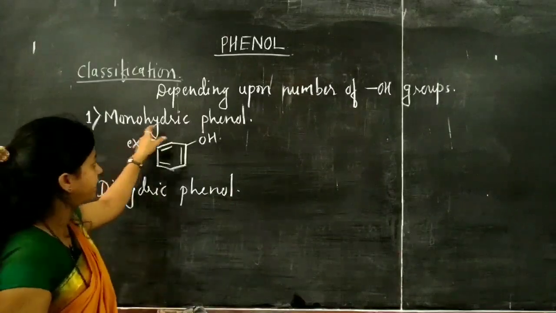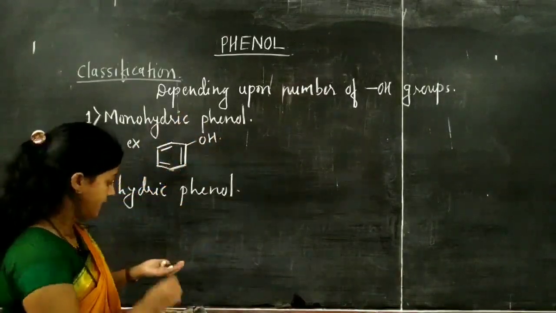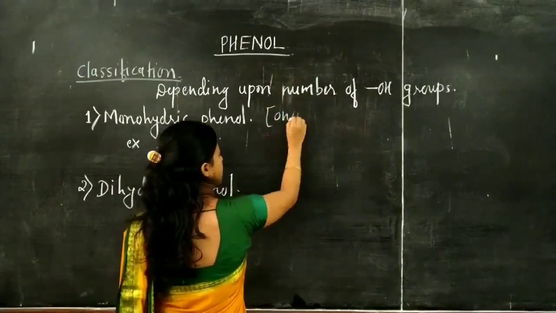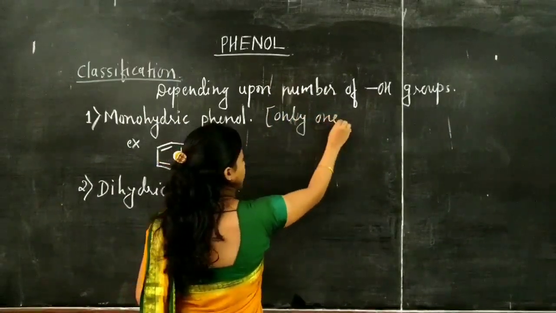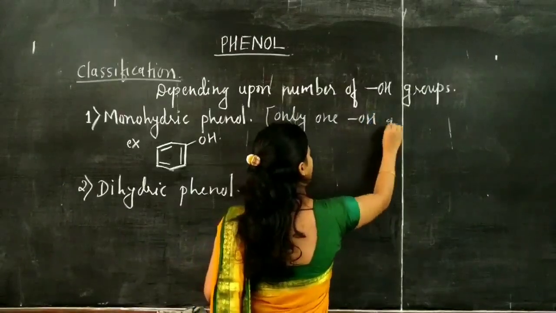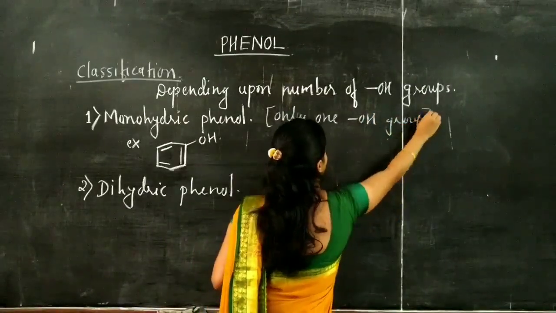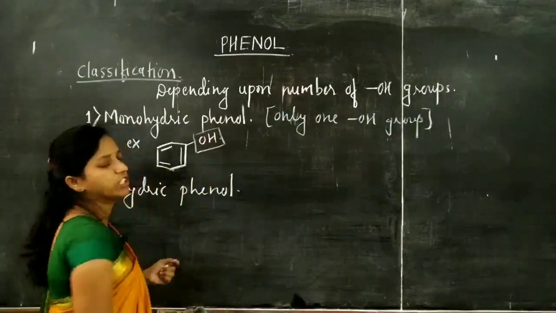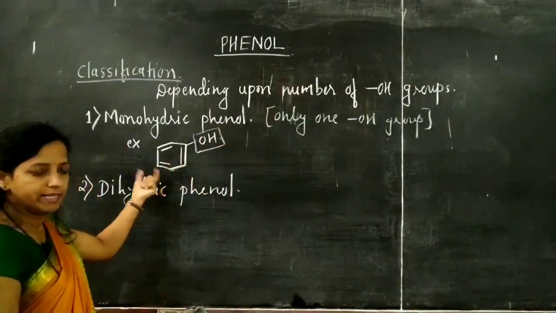Monohydric phenol means it contains only one OH group. So here this is the OH, only one single OH group attached to a benzene ring.